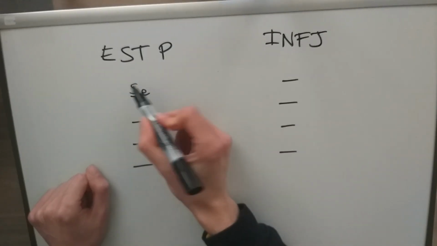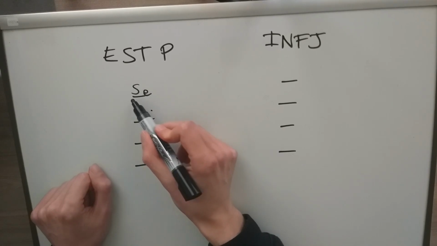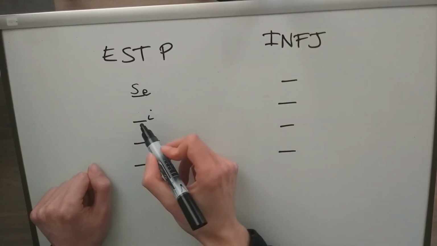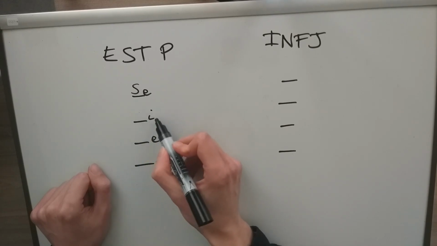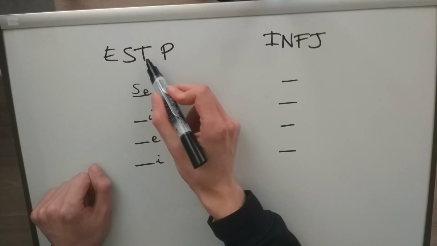So we know that the first function they have is extroverted sensing. This means that their second function, which is introverted, is a judging function, and their favorite judging function is thinking.